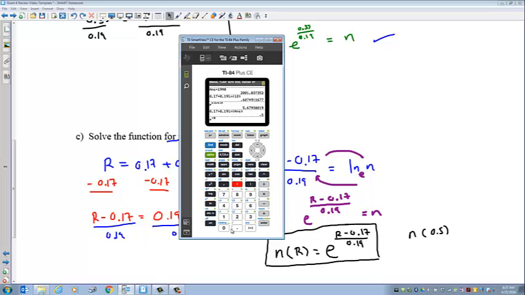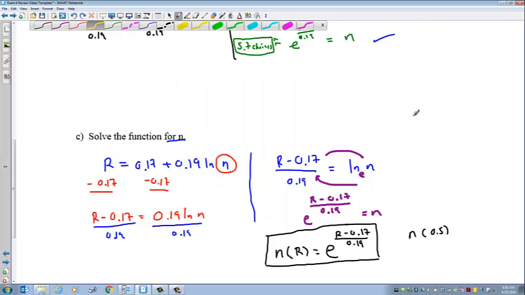So left parenthesis 0.5 minus 0.17, end parenthesis divided by 0.19. And we better get out 5.7, which we do when we round it. So 5.679, blah, blah, blah. And so this checks. So I just checked it on my calculator. So this checks off. Right, so that's me just checking my work there. But that's the answer.